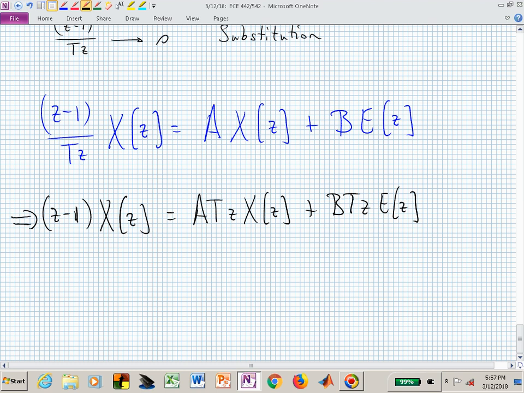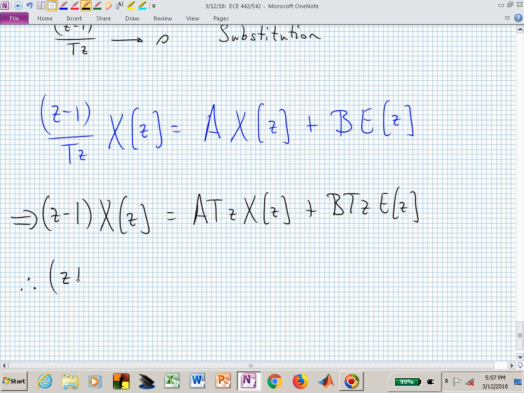And now I want to combine some of these terms. Suppose I now want to combine, or I could go into the time domain. It's whatever you prefer, but let's go ahead and combine this.